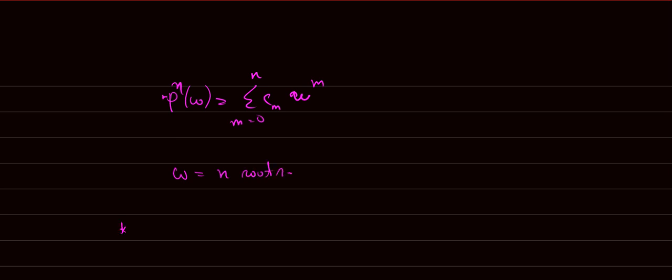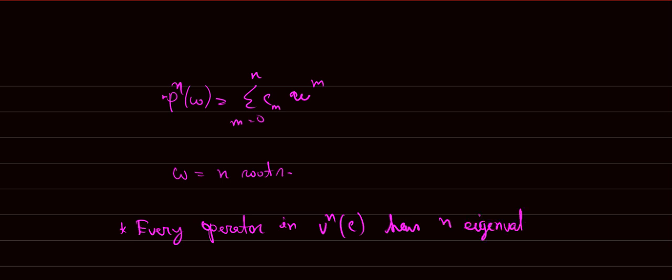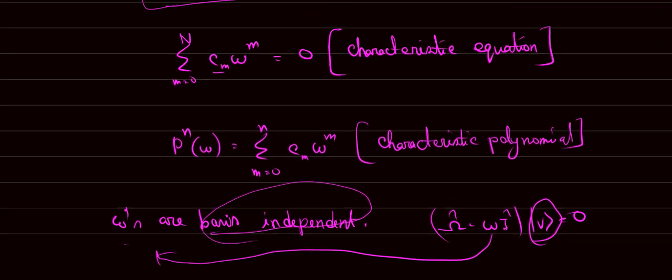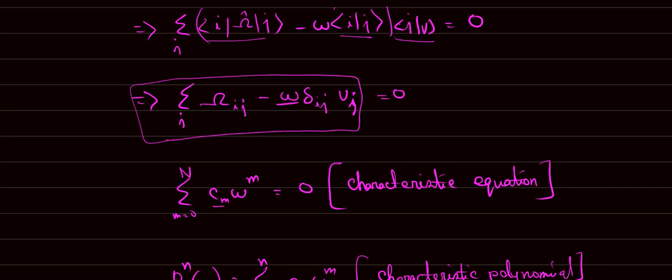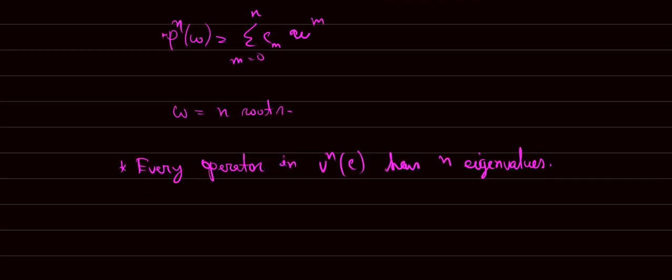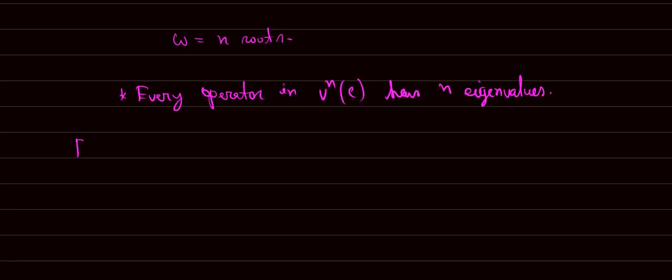So we can say every operator in V, an n-dimensional complex vector space, has n eigenvalues. Now we have set up a procedure to find the eigenvalues of any operator. Let's see an example.